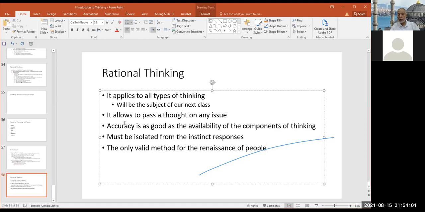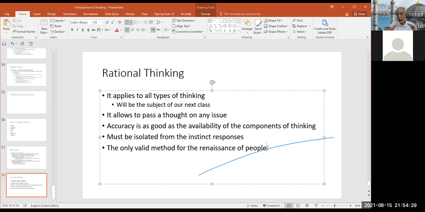Scientific thinking allows you to produce fruits and results of revival and of Renaissance. Logic can allow you to be sophisticated about some of the fruits of your Renaissance, but you cannot achieve Renaissance without rational thinking.